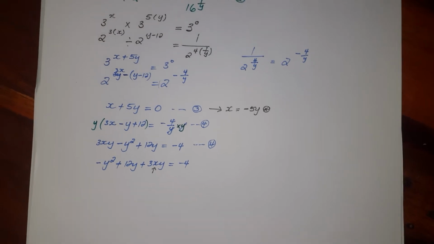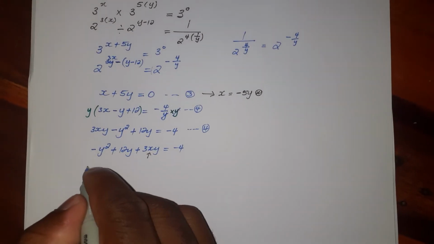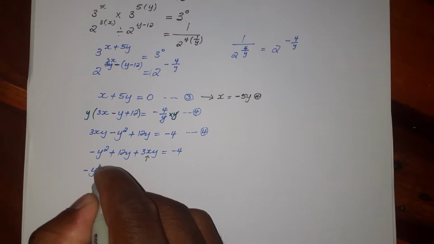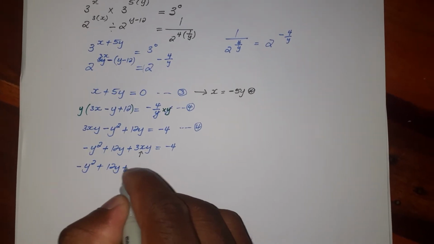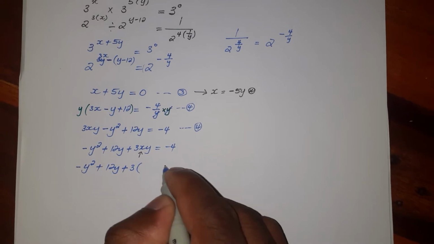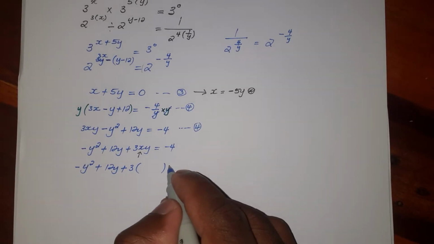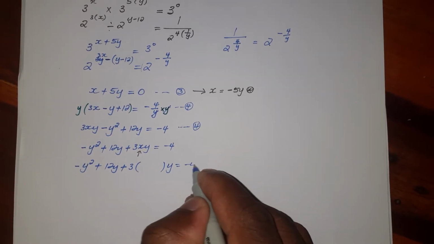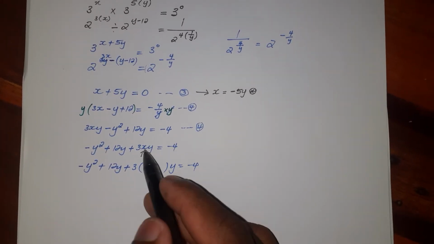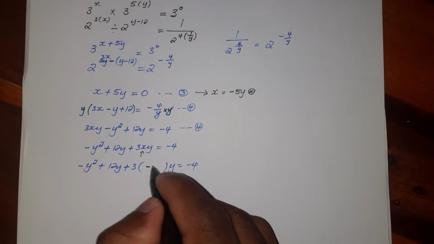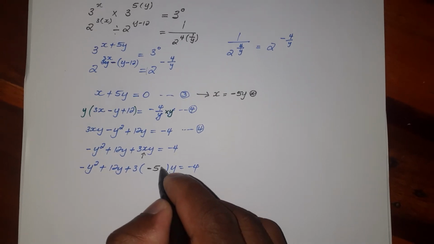Then we can now write this as y squared plus 12y plus 3, and then x equals to minus 4, where I leave open spaces for the value of x, which is negative 5y.